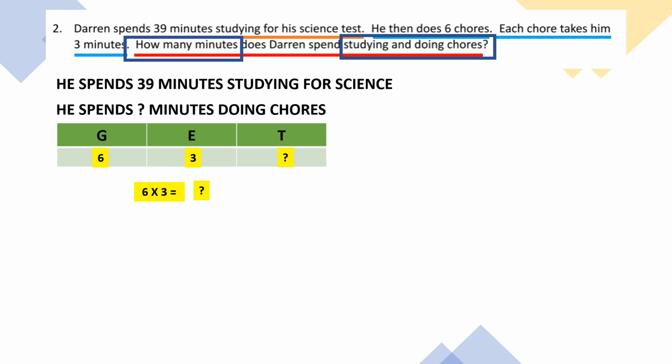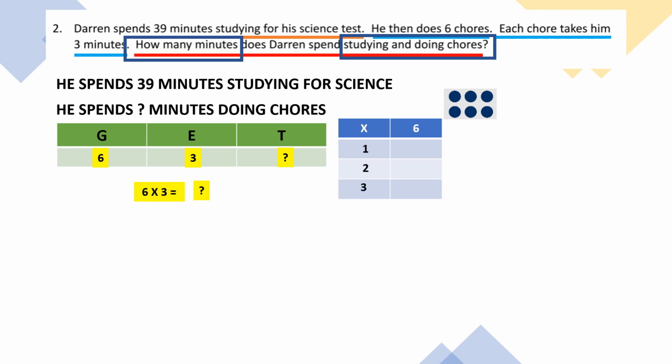Well, if you don't know what 6 times 3 is, that's okay. You can create a ratio table. Go ahead and create your ratio table. And don't forget to write your 6 counters there to help you. All right, so we have times 6. So I'm going to first write my factors 1 to 3 because I'm going to multiply times 6, and I only need 3. 1, 2, 3.